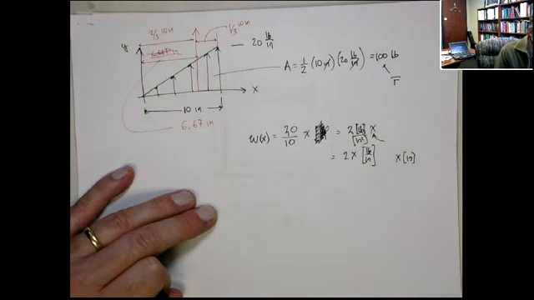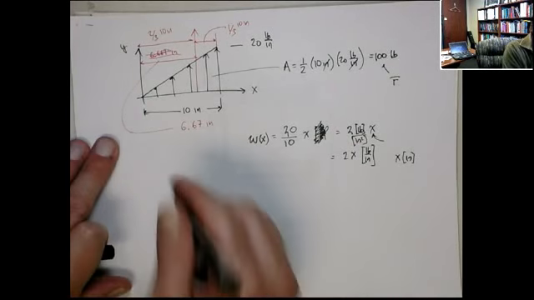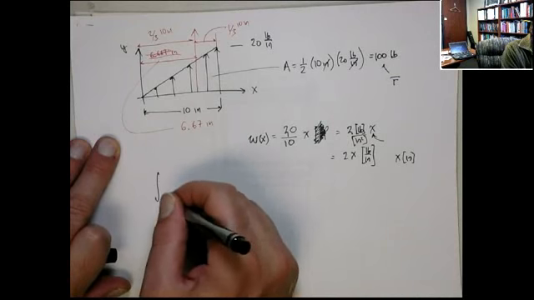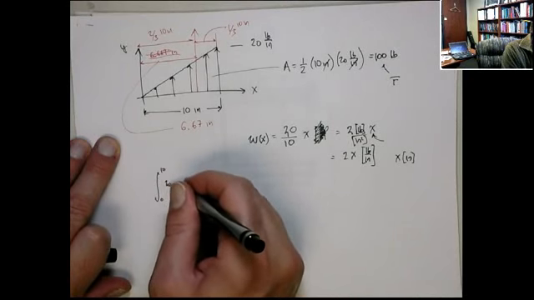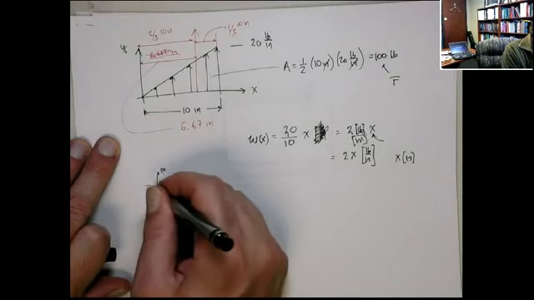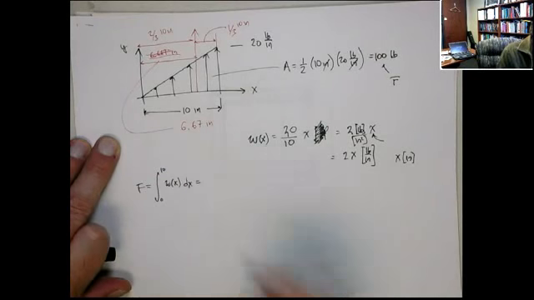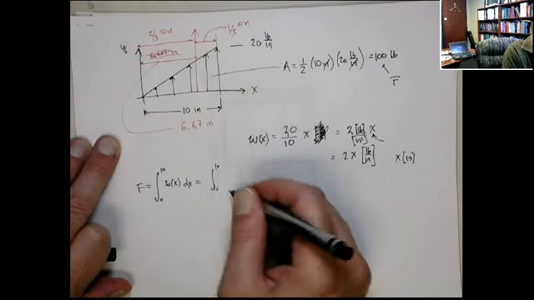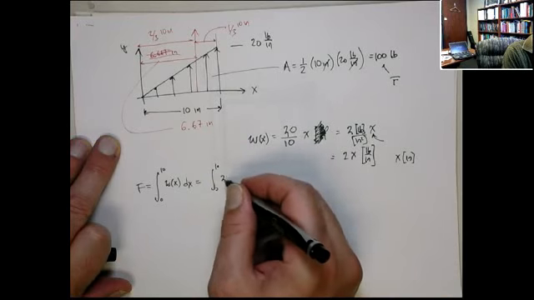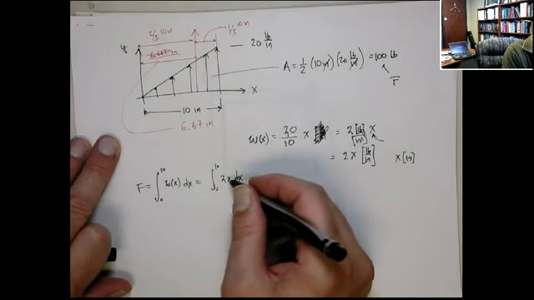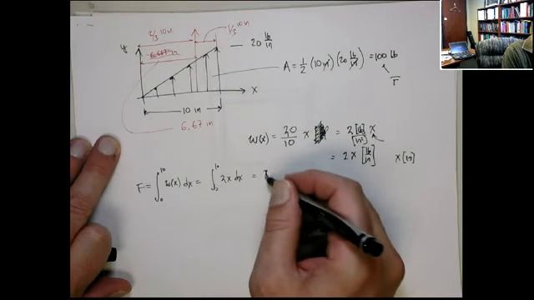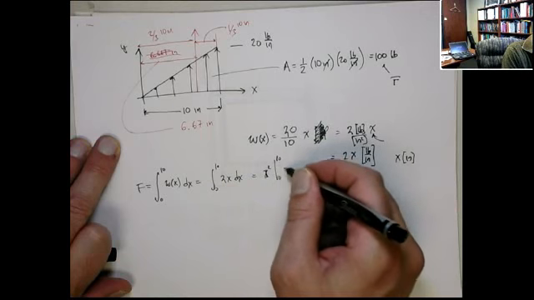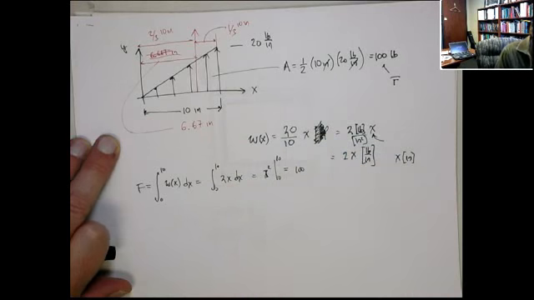So that's a function, right? That's w(x). You can integrate from 0 to 10 of w(x) dx and get that. And you can see that's just 100 pounds: 2x integrates to x squared, from 0 to 10.